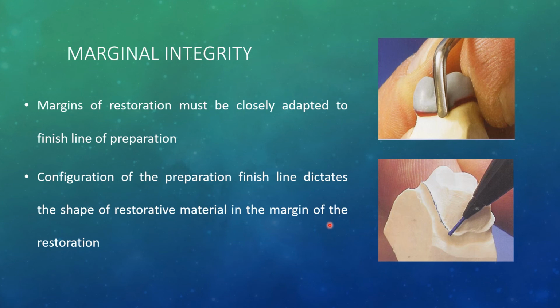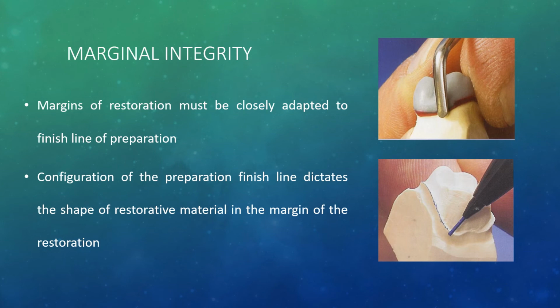Coming to marginal integrity. The margins of restoration must be closely adapted to the finish line of the preparation. Should be really close to the finish line. Configuration of the preparation finish line dictates the shape of restorative material in the margin of the restoration.